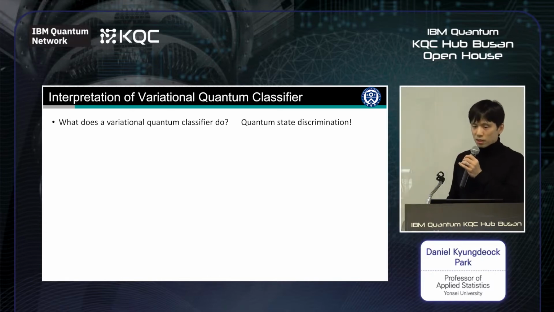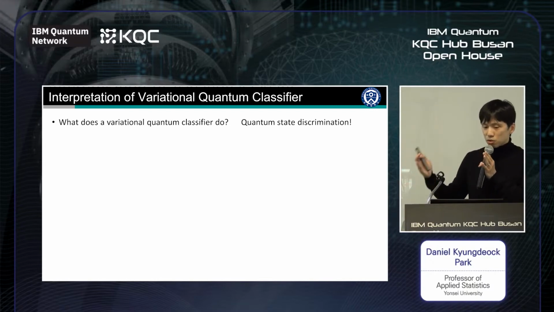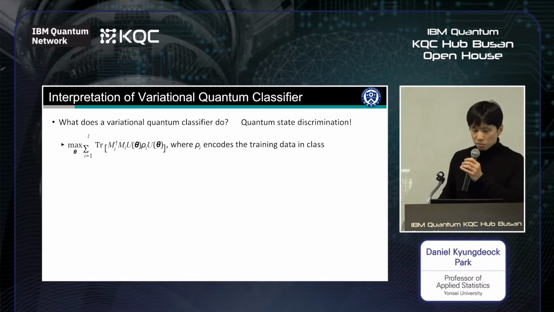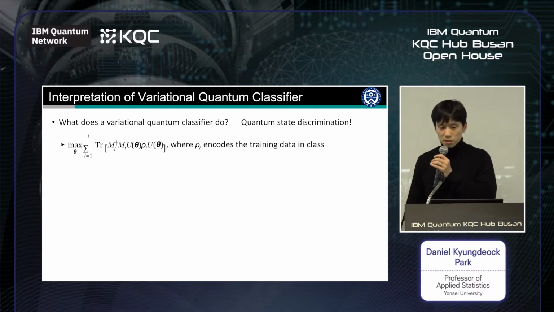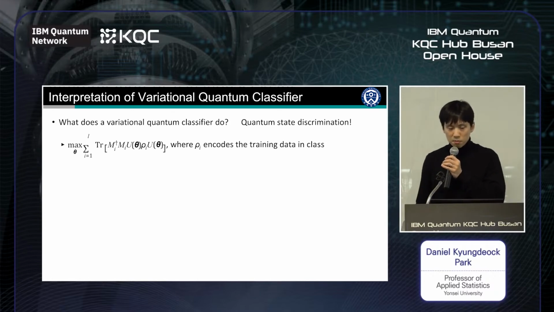So people in the 1960s and 70s thought about how to design a measurement that discriminates two different quantum states. And sorry about the broken equation, but basically this quantum state discrimination problem can be framed as an optimization problem.